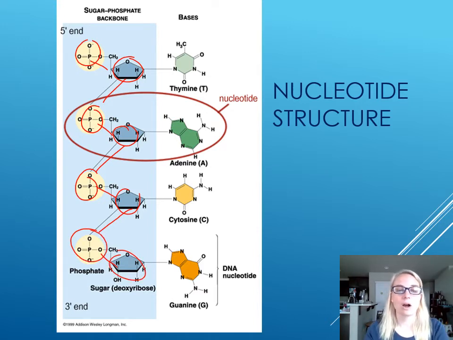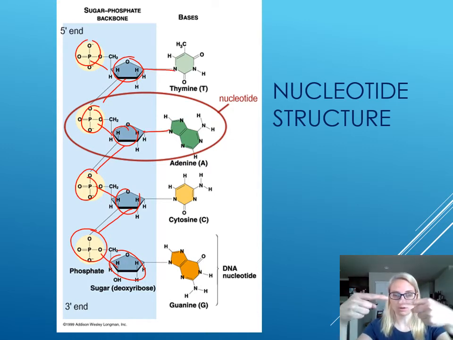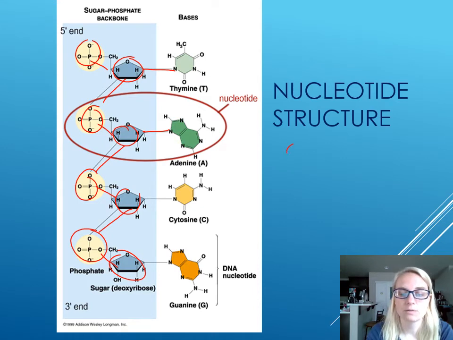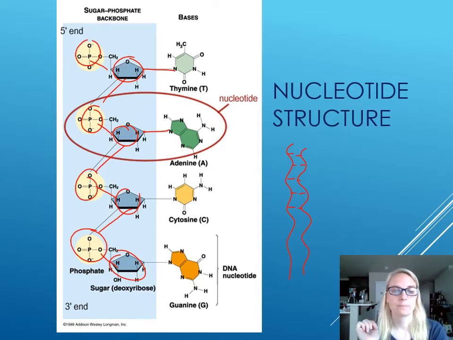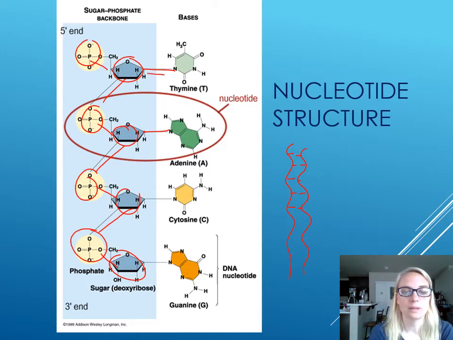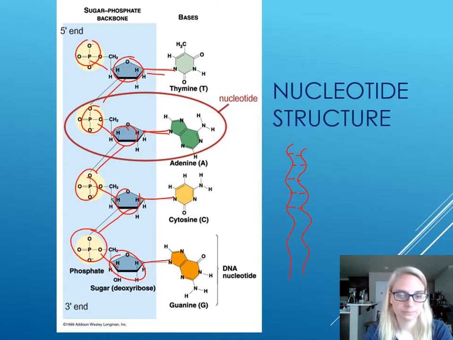And then sticking off of each sugar towards the center of your double helix, right? So if this is your sugar phosphate backbone, and this is the other sugar phosphate backbone, your bases are sticking off complementary to each other thusly, okay? So thymine, adenine, cytosine, and guanine.